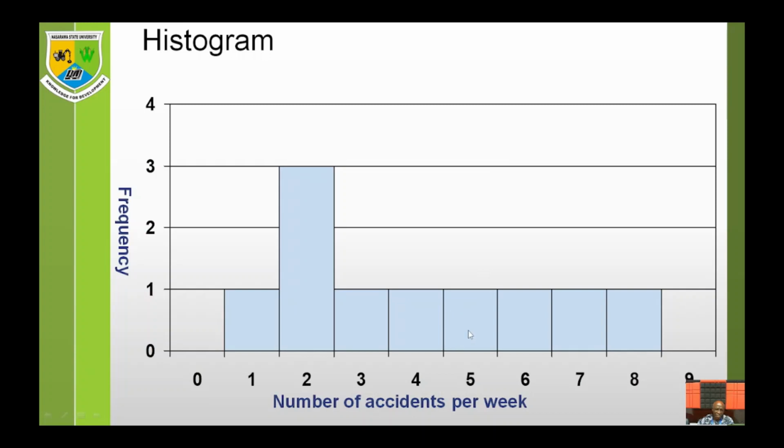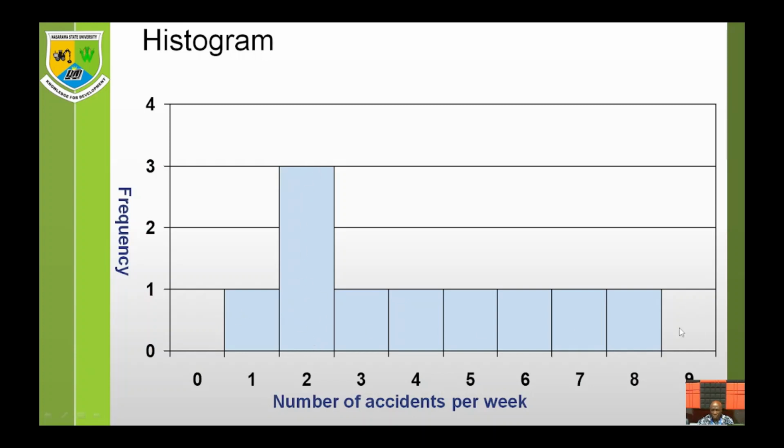So here, for these frequencies, you can see the highest is in week 2, representing the frequency of 3, which we converted to percentage, and it gave us 30%, and that is the week where we had the highest level of accidents.